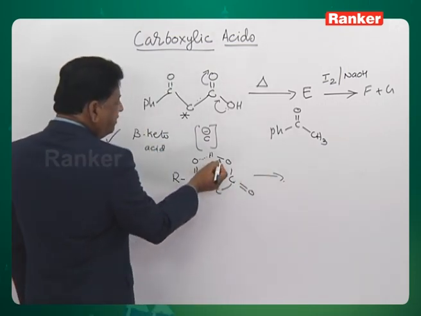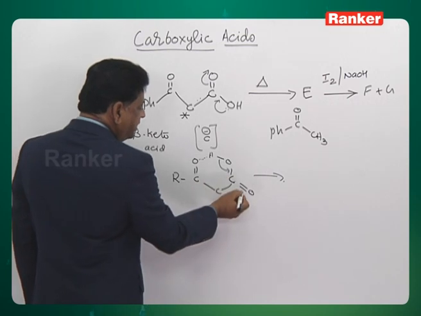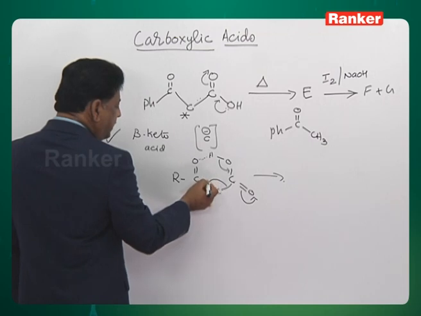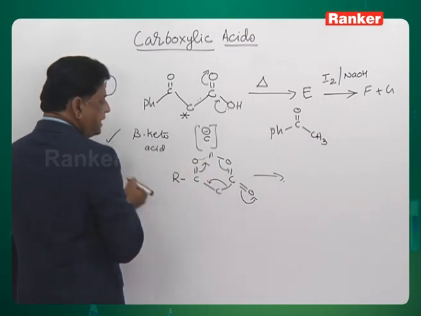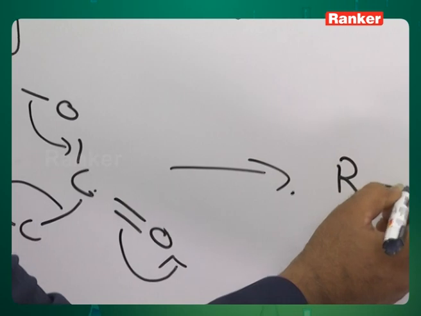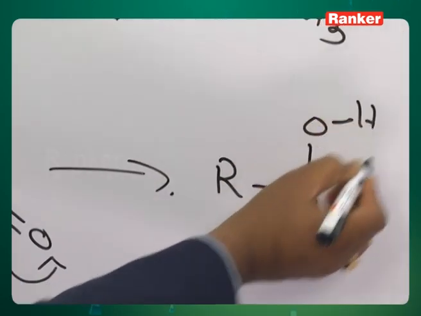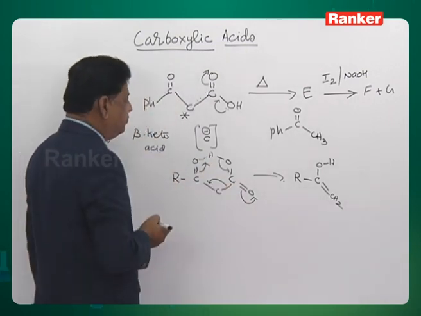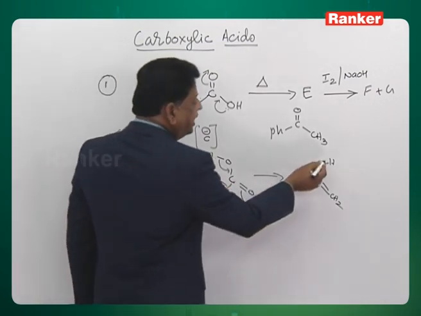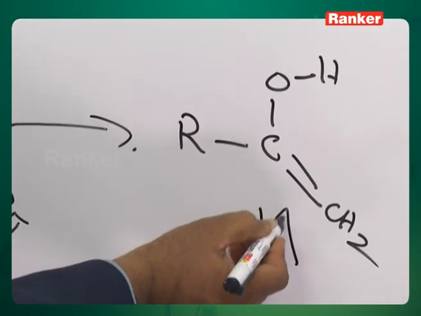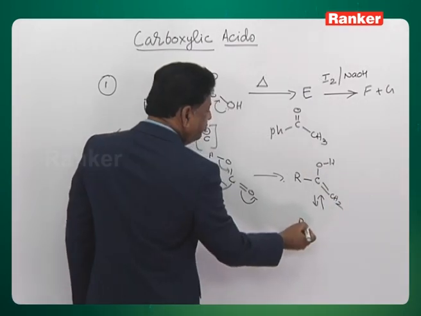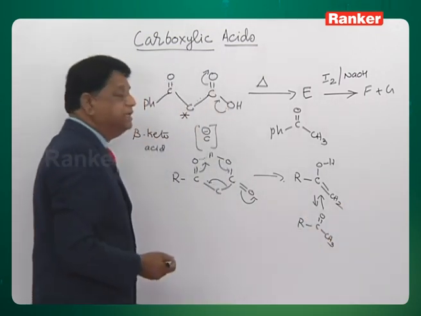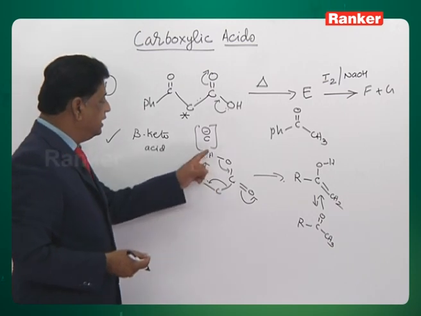If the electrons are withdrawn like this, this goes into a CO2, and these 2 electrons will come here, and this double bond will go here and catch this hydrogen. So, temporarily a compound with OH is formed, which is an enol. This CO2 will be out, however. This hydrogen will be there, and it shows tautomerization. The hydrogen comes back and gives a ketone.